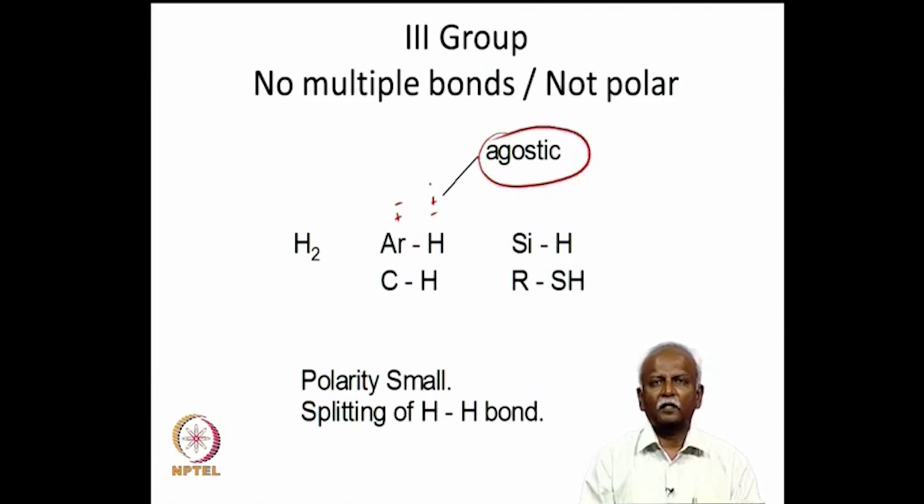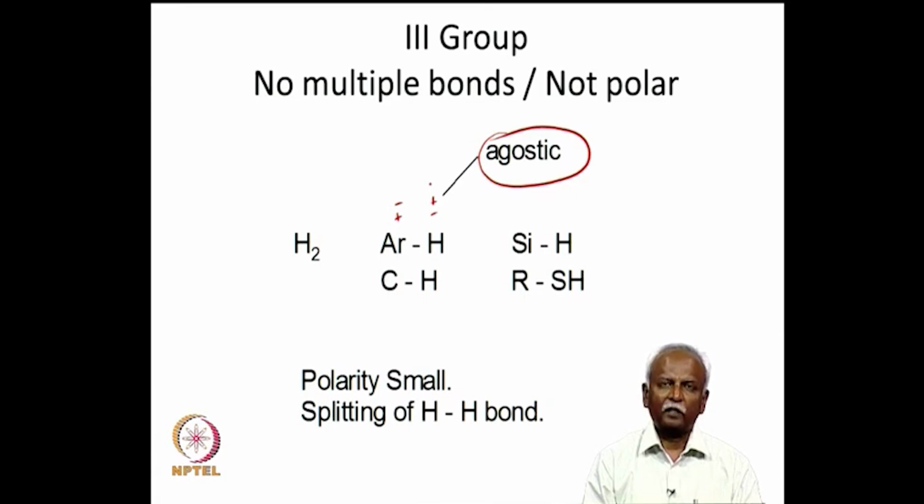This agostic interaction is something which we will have to deal with a little later, but suffice it to say at this point that all these molecules are sometimes found to have weak interactions with the metal, and in spite of that weak interaction, they are able to break a very strong bond.